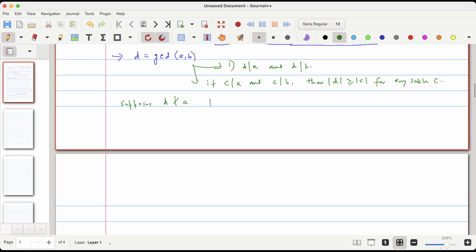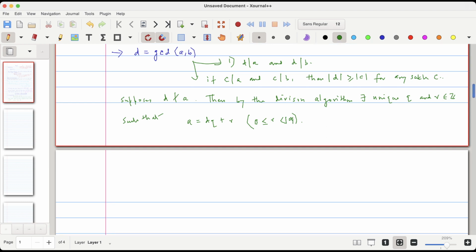Then, by the division algorithm, there exist unique integers Q and R such that A equals DQ plus R with the criterion R is greater than or equal to 0 and less than mod A. Actually, I don't need to consider it to be positive always.